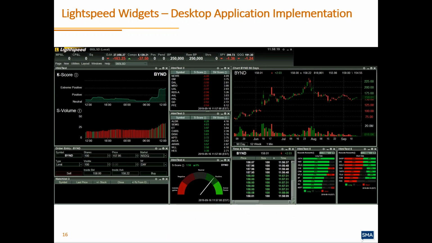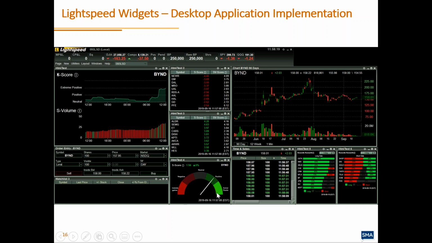Here's a real desktop application. In Lightspeed, you could set up your own front end. Here are some of the widgets implemented in real time on the desktop application. Here you see our S-score and volume. Here you see your most negative sentiments and your most positive sentiments.